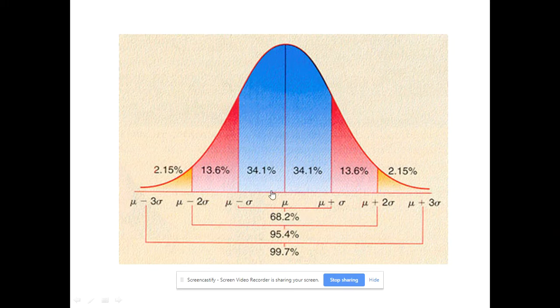So this will tell you 68.2% of your data falls within this blue range. 95.4% would be within plus or minus 2 standard deviations. And 99.7% of your data would fall in between plus or minus 3 standard deviations.